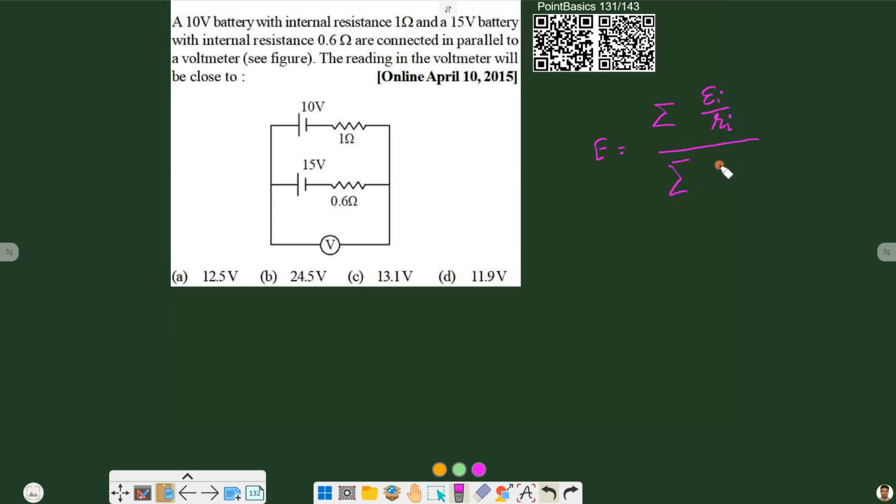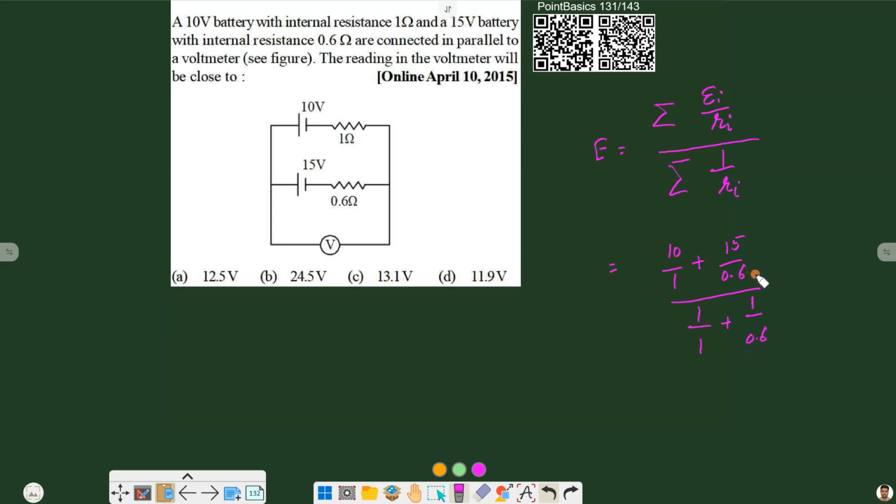So in this scenario, it will be (10 by 1 plus 15 by 0.6) divided by (1 by 1 plus 1 by 0.6). This will be the final value.